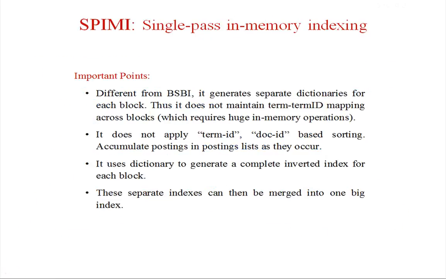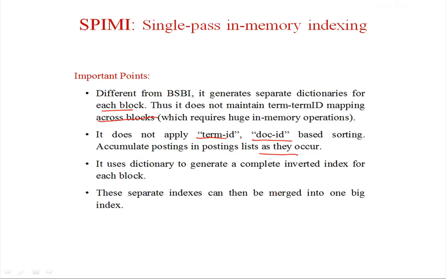Now some important points of SPIMI that differ from BSBI. It generates a separate dictionary for each block, and thus it does not maintain term ID mappings across blocks, and it does not apply term ID, document ID based sorting, and accumulates postings in the posting list as they occur.